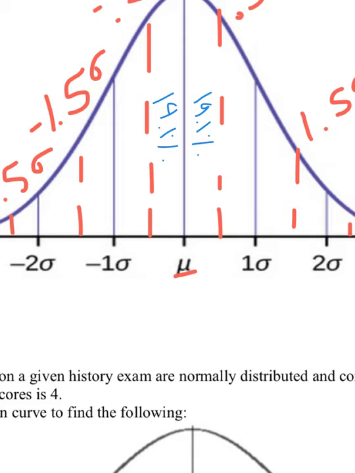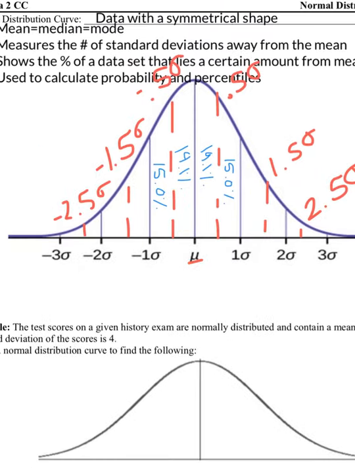So the next slot after 19.1 is 15.0%. It's symmetrical, it goes on both sides. After 15.0, you have 9.2, and again, that 9.2 goes on both sides. After 9.2 is 4.4%.